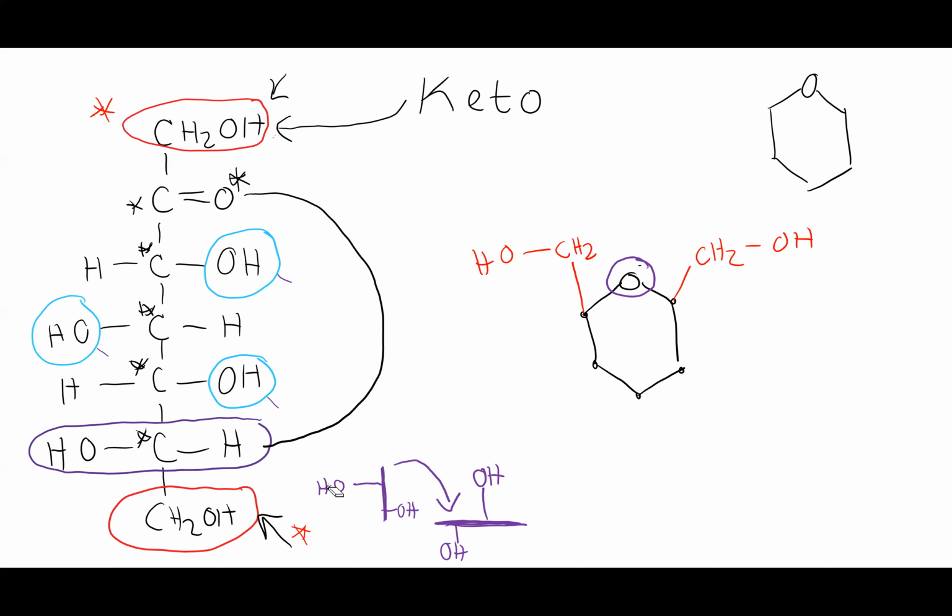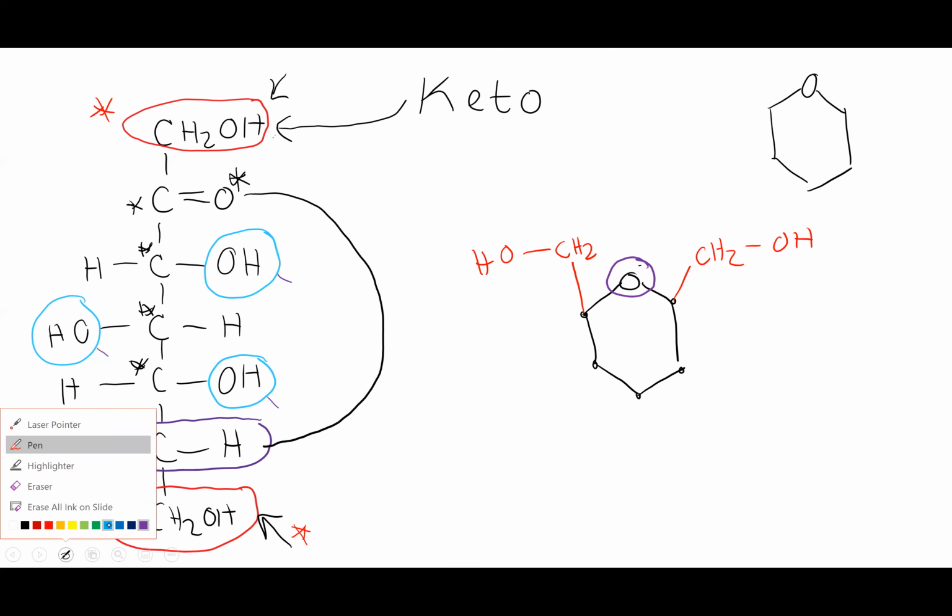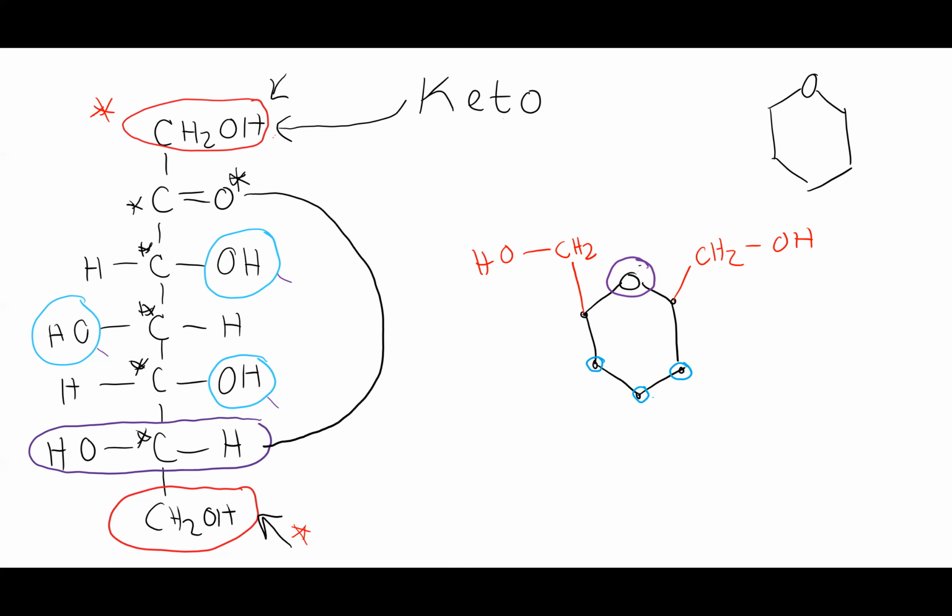So in this particular example, you can see that we have 3 OH groups that are going to end up on these last spots. Here's the 3 spots where they should go. And if we look at our projection, we have an OH here, here, and here. So I'm going to chop this tree down.